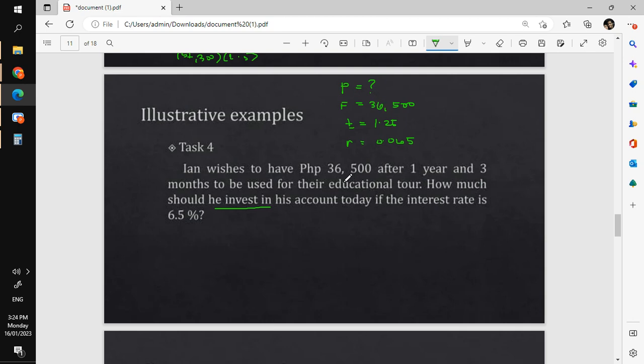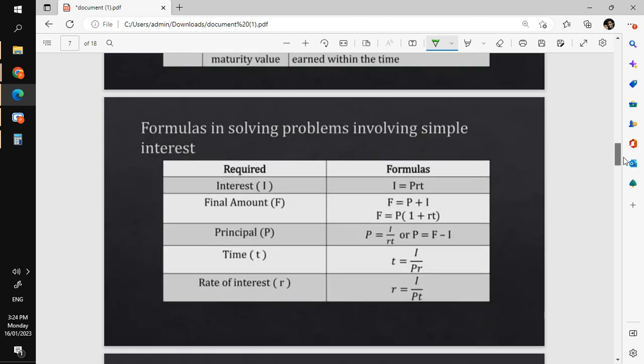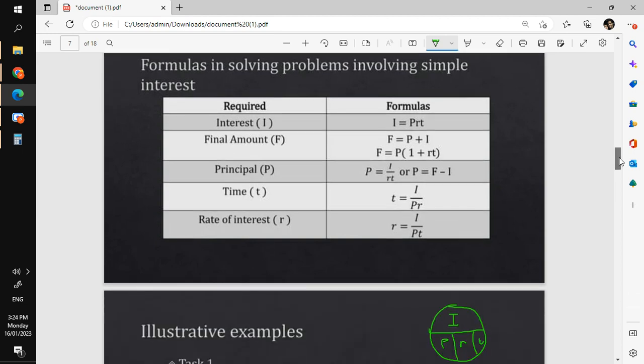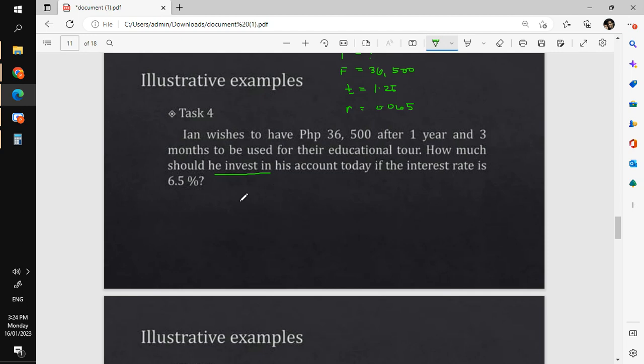Since we do not have the value for the interest, we will be using the other formula for the principal amount, which is I over R times T. We have here P is equal to I over R times T.